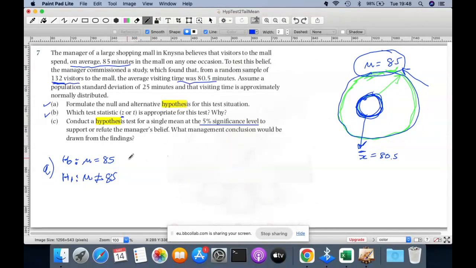That means the manager believes H0. So I would write the manager's claim here, and this will help in the last step when I get there, okay? So I'm just going to put a note there that the manager's claim is H0. Apologies for my handwriting, I hope you can understand that though.